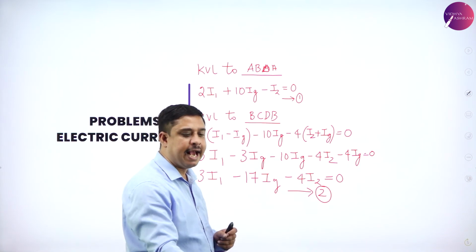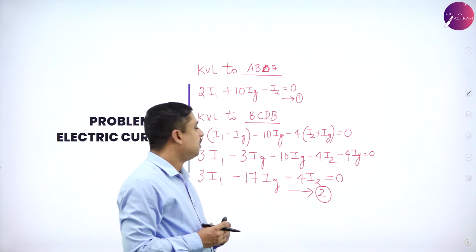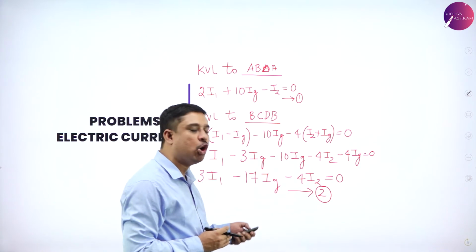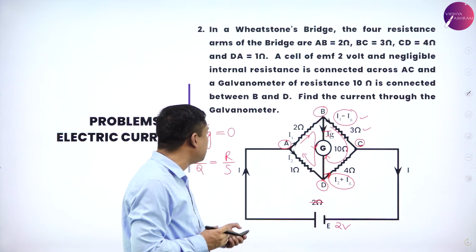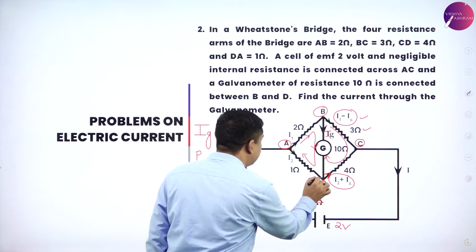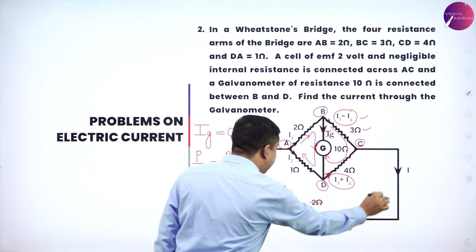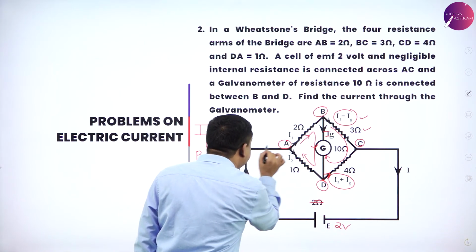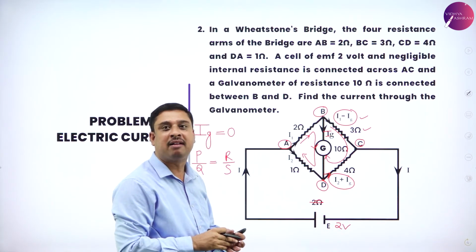Did I have any more loop in the circuit or mesh in the circuit? Observe. A, D, C, E, A. This is also a closed path.